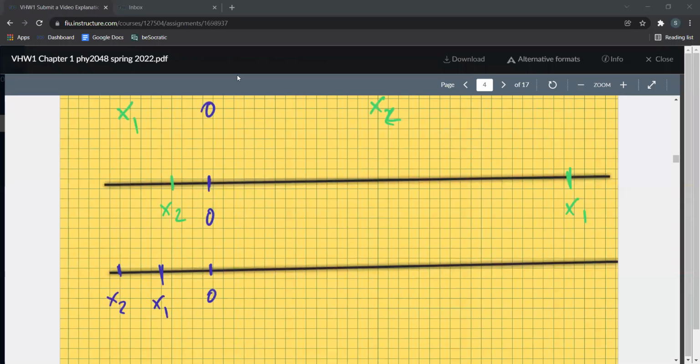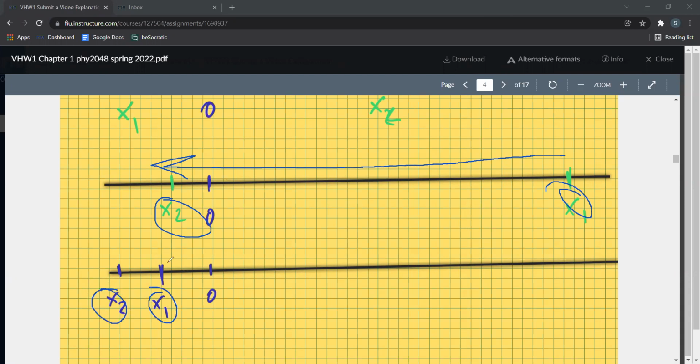For this one, we are not going to the right, we are actually going to the left. As you see, x1 is on the right, x2 is on the left. So if we're going from x1 to x2, means we're traveling in the negative direction or left. And finally, we have x1 and x2. x2 is on the left, and we always travel from x1 to x2. So we go left. Pretty simple, pretty simple.